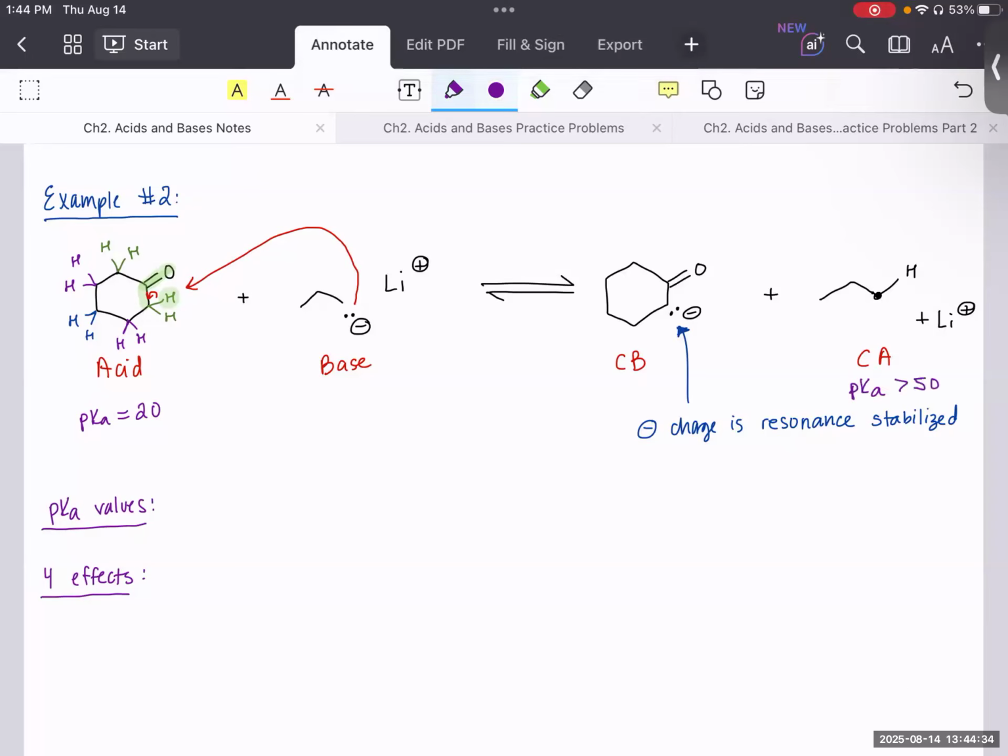So very, very high, very not acidic at all. All right. So in this one, we can see that the conjugate acid has higher pKa than the acid. And so what that means is that we will favor the side with the higher pKa. So products will be favored.